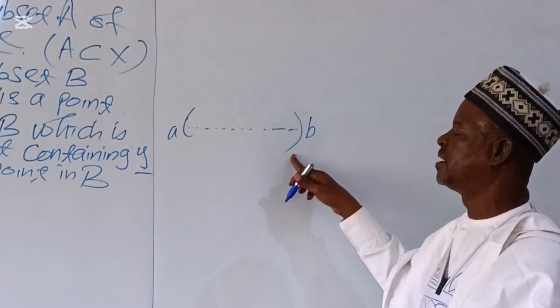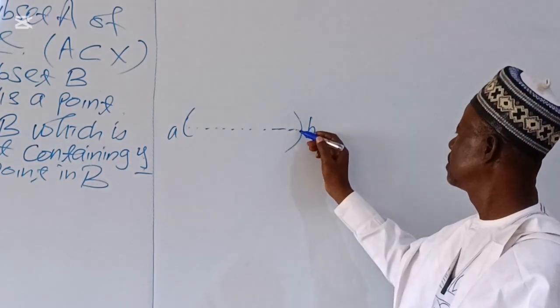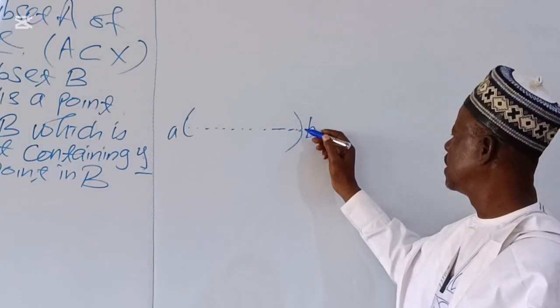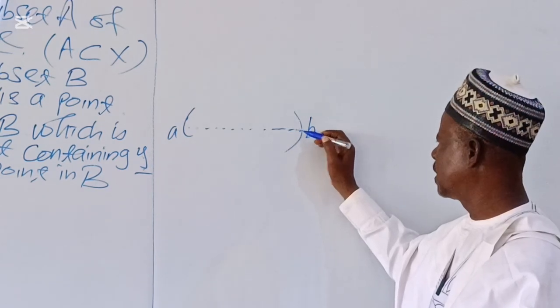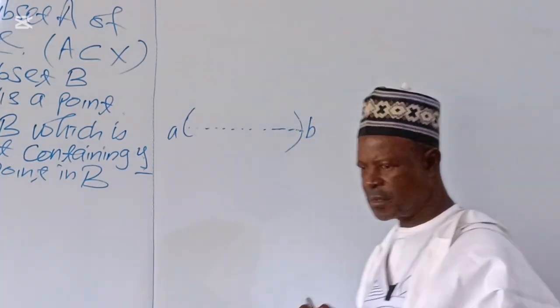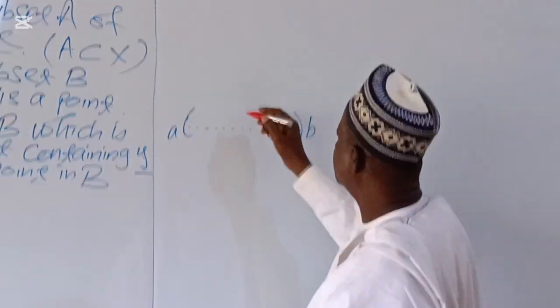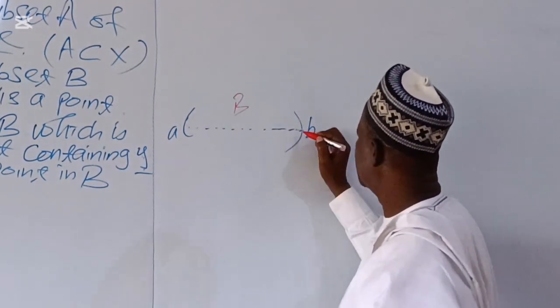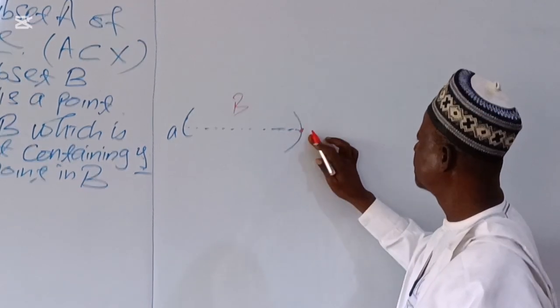Not necessarily inside it. So if you pick any neighborhood, supposing this is my limit point here. Suppose this is my set B, and I say this is my limit point. Is it clear?